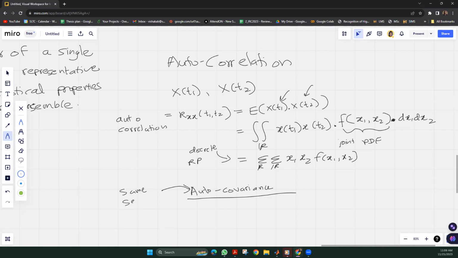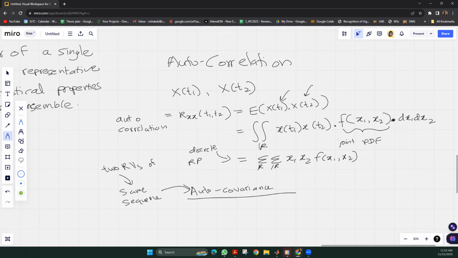Two variables in the same sequence are considered, and we are comparing those two. So two random variables of the same sequence are considered to compute this autocovariance.